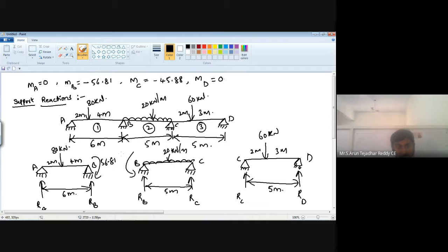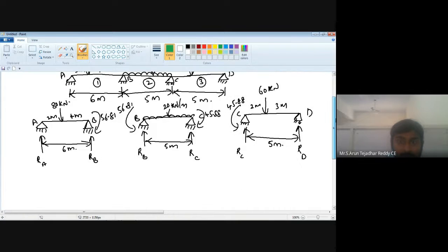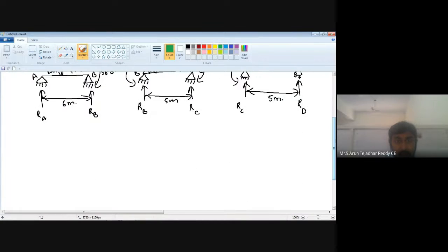Here also it is 56.81. MC is 45.88. Here also 45.88. And MD is 0, so not required, no problem. Now find out the reactions RA, RB, RC, RD.